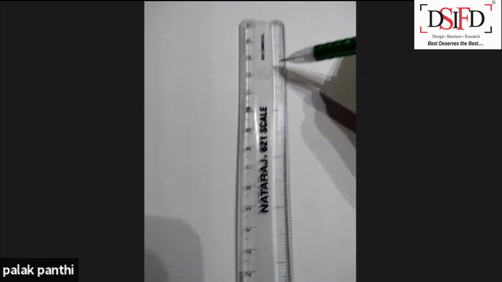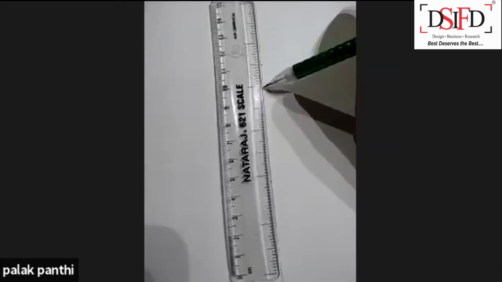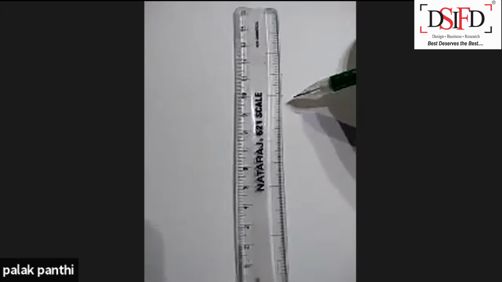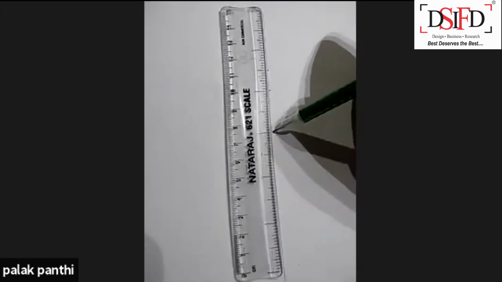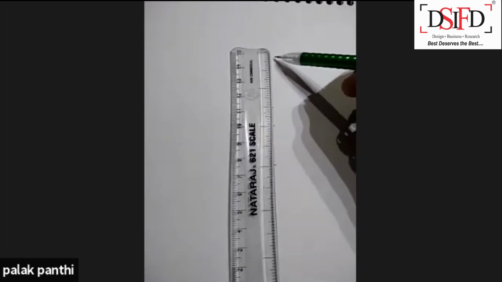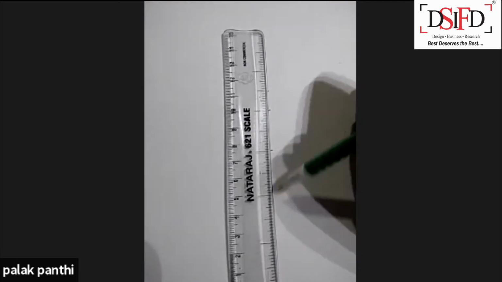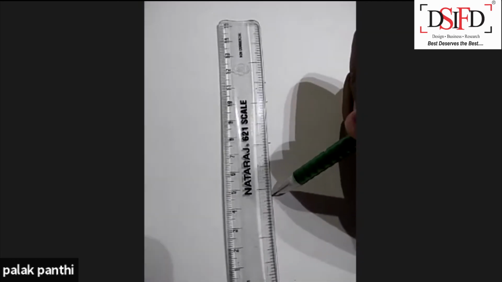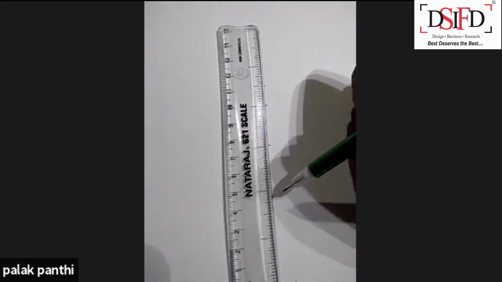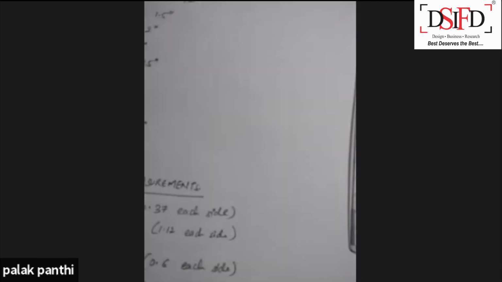Shoulder marked. Bust at 3, so just after 2, 3. Waist at 4.25. So again, 1, 2, 3, 4, and this is 0.25. So 4.25.